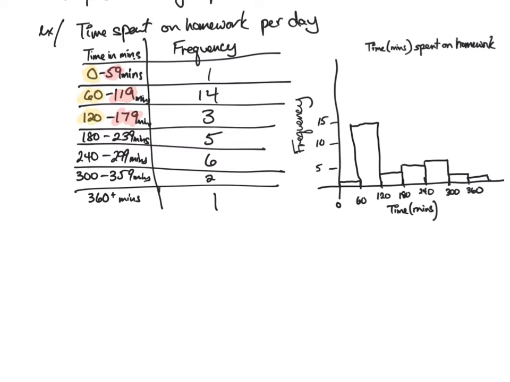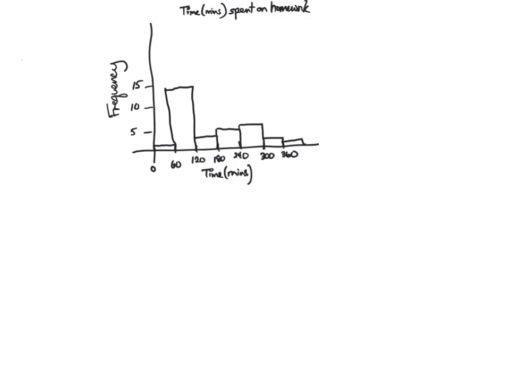But you could also be asked to just read the information directly off a histogram without a frequency table. So now we have no more frequency table. We have to go and read things directly off the graph. So, reading the histogram. What are the kinds of questions you could be asked?